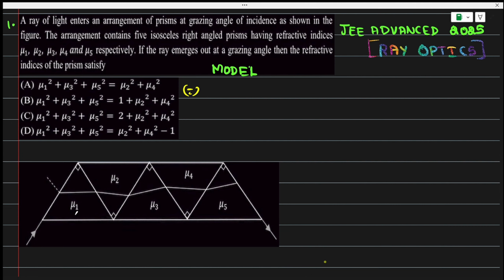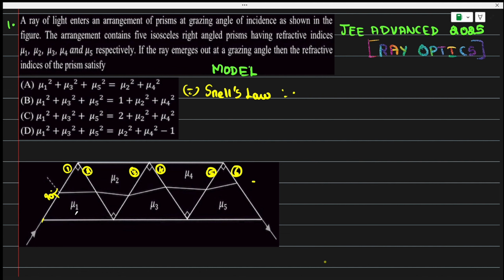Now I'm going to apply Snell's law for all the planar surfaces. Let's say this is 1, this is 2, this is 3, this is 4, this is 5 and this is 6. Now this is 90 degrees.